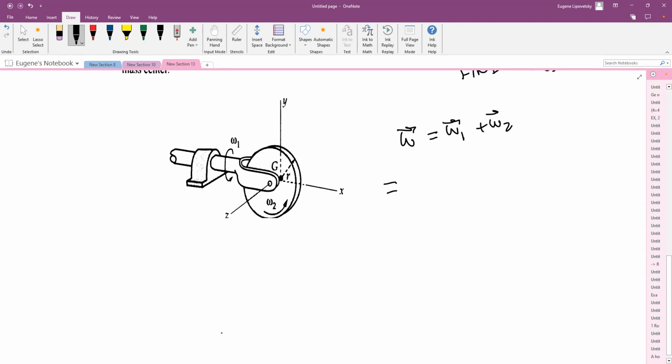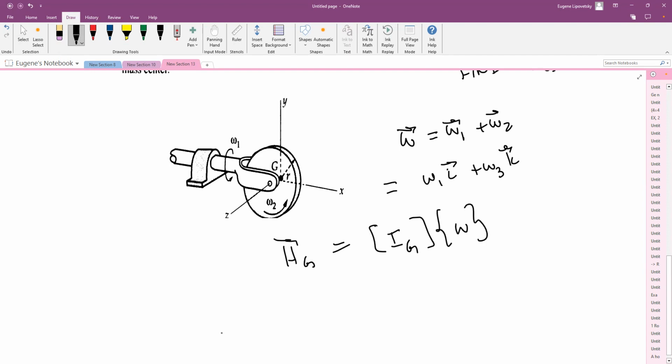Omega 1 is omega 1 I, and omega 2 is plus omega 2 K. All right. Now, we just write it down that the H about G equals the I about G times the omega vector.